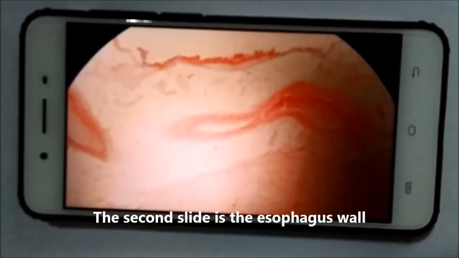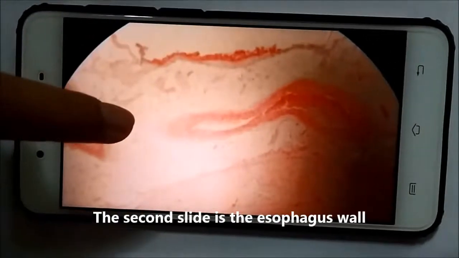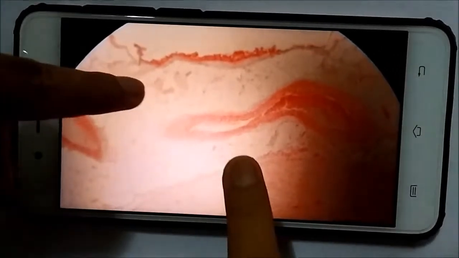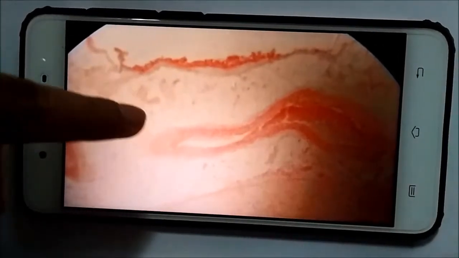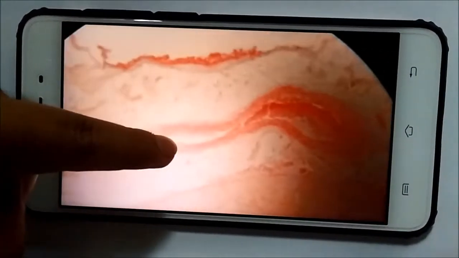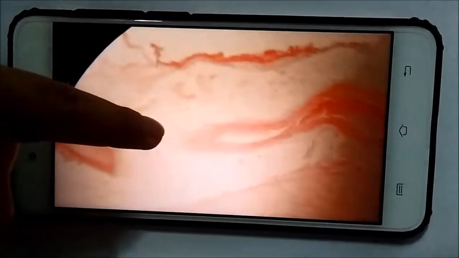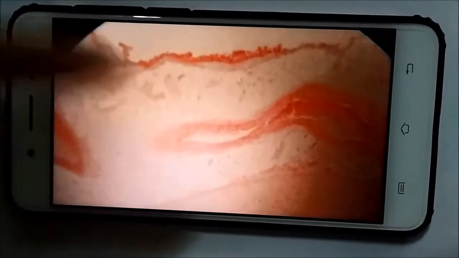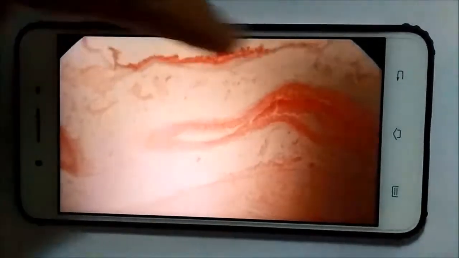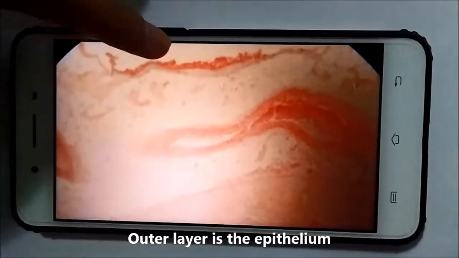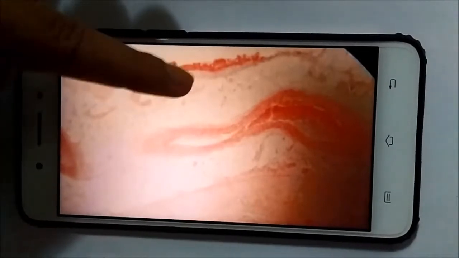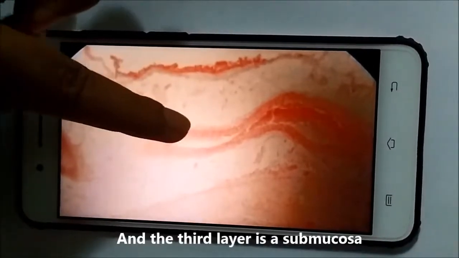And the second slide is the esophagus wall, and we close up to see the structure. Basically it's a pink structure, so it cannot be seen clearly, but we can see it. The outer layer is the epithelium, the second layer is the muscularis mucosae, and the third layer is the submucosa.